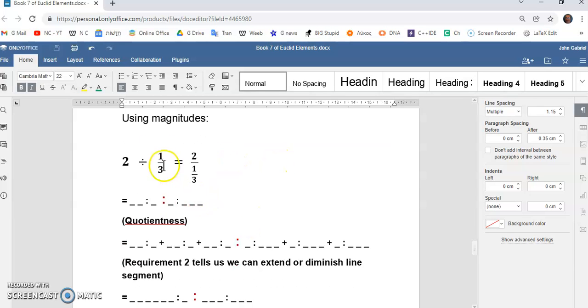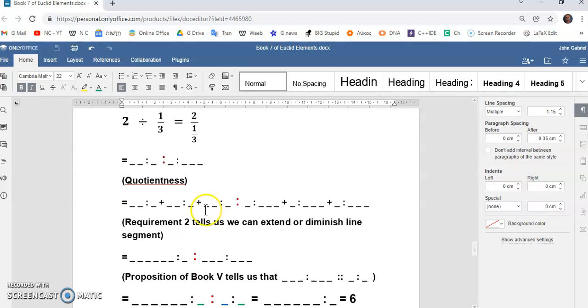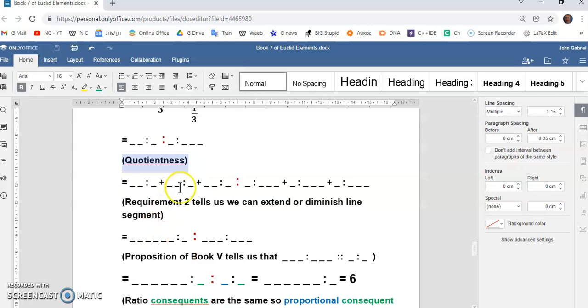Now, if you were to use magnitudes, this is how you would do it. You would say this here is 2, this here is a third. Okay, so 2 in ratio to a third, and now we are about to do something about the quotientness. Now, the quotientness tells us that we can add the lines, right?